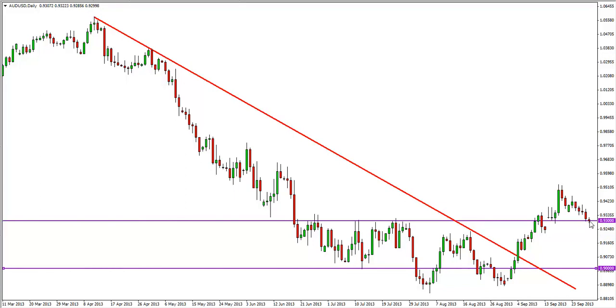The reason I picked this time frame is to show you how these multiple swing highs around this area at 0.9300 have created a lot of resistance for this currency pair.